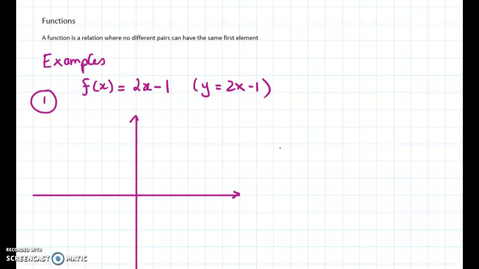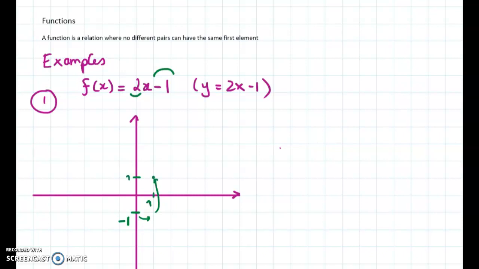So it is a relation and we want to check that it's a function. So let's sketch it. So first of all, we know that the y-intercept is at negative 1 over here. So that's 1 point in the y-axis, 1 point of our line. And then the gradient or slope is 2, which means that each time I move 1 step forward, I need to move 2 steps up. So I will arrive at the point (1, 1).